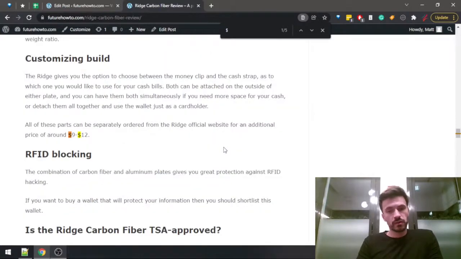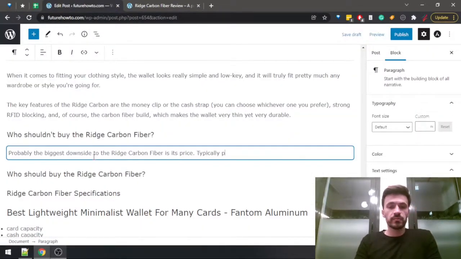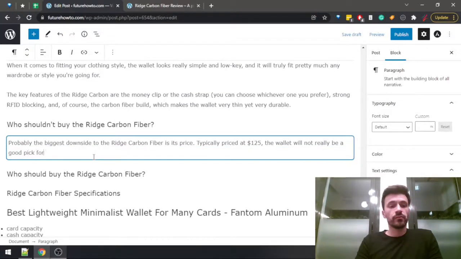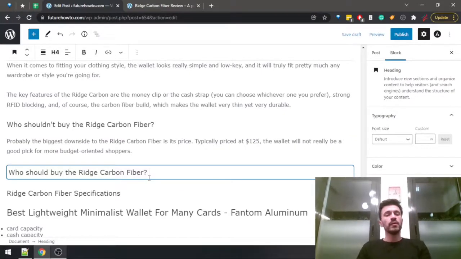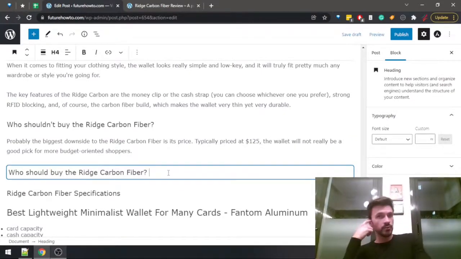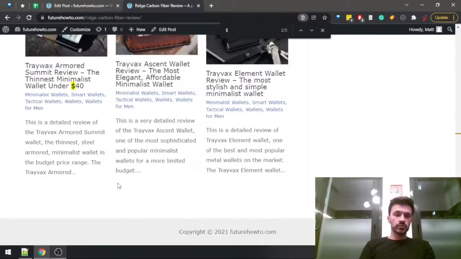How much does this wallet cost? Ridge carbon fiber, typically priced at 125. The wallet will not really be a good pick for more budget oriented shoppers. Okay, that's enough. One sentence is not so bad every now and then. I usually aim for 2 or 3, but actually 1 paragraph because it's 2 sentences. Who should buy the Ridge carbon fiber?